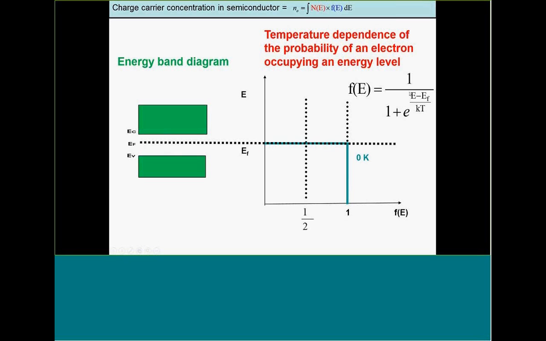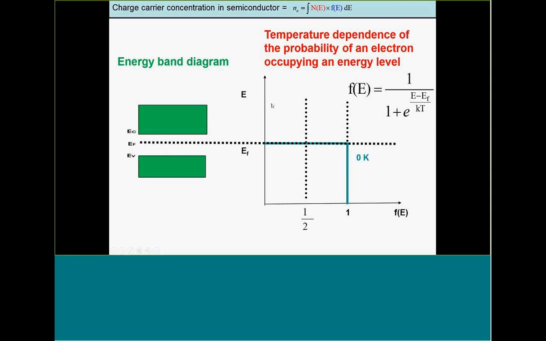Positive value divided by 0, so we get infinity. So e to the power of infinity, this whole denominator is equal to infinity. So 1 over infinity is 0. So we don't have any probability of having our electron in this region.